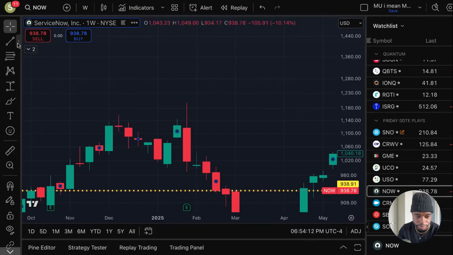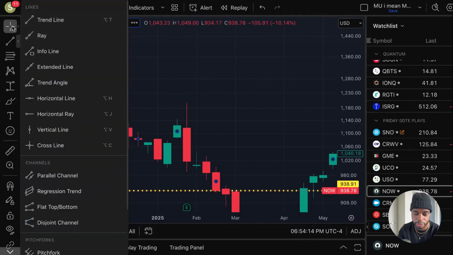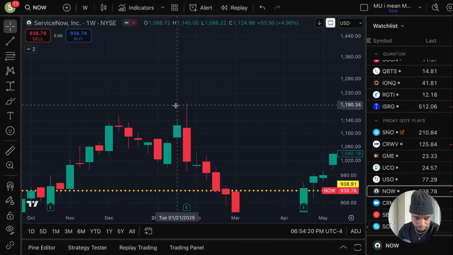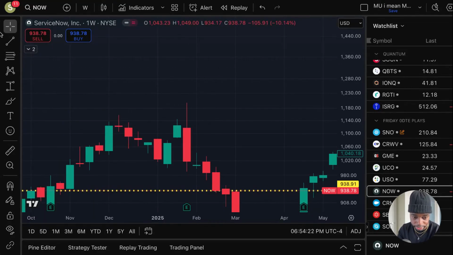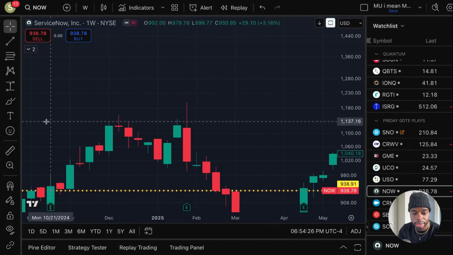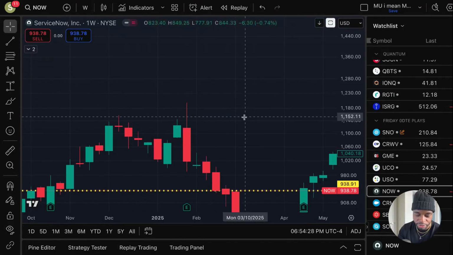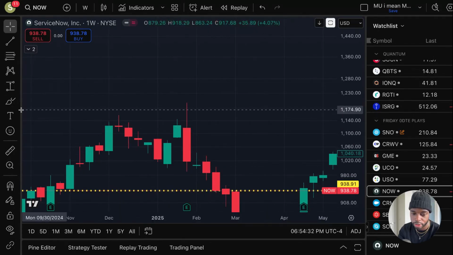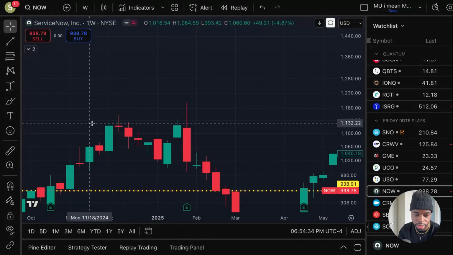The next one is in that same area. You'll toggle down two selections, and it's going to be the horizontal line. It's pretty similar to the trend line, however, the horizontal line spans the entire length, going across the x-axis horizontally.